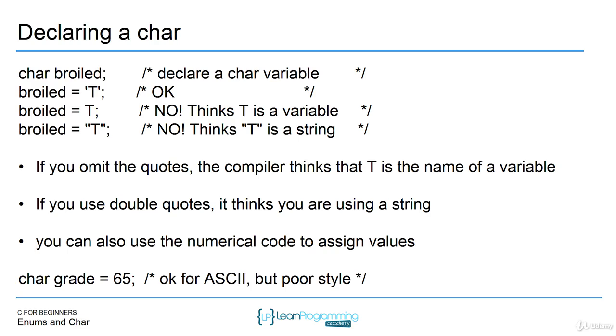So if you assign 65 to grade, it's going to look 65 up in the ASCII table, and it's going to be the equivalent of whatever character that is. And you'd have to look in the ASCII table to see what that character is. But I know B is like 48. Again, this is the way the computer represents certain characters, by numbers. So you can assign numbers to characters. They're just going to be converted to single characters based on what they are in the ASCII table.